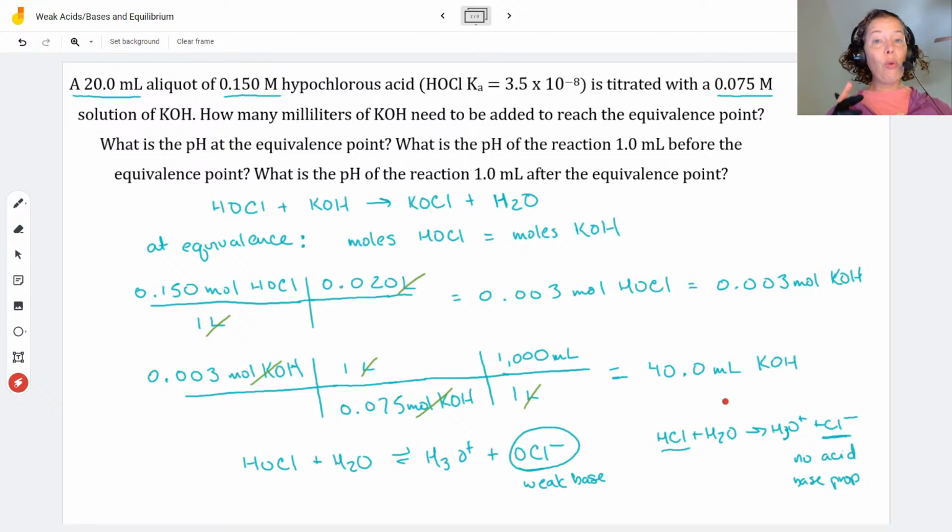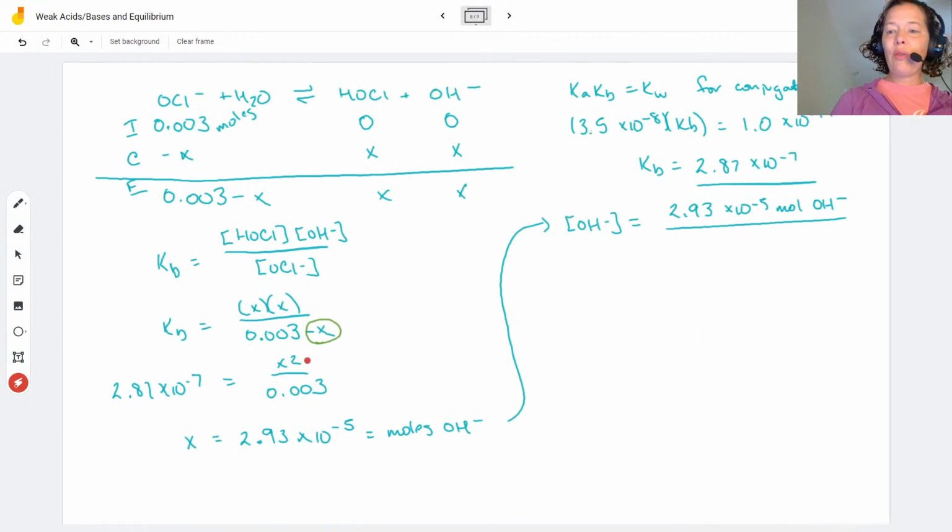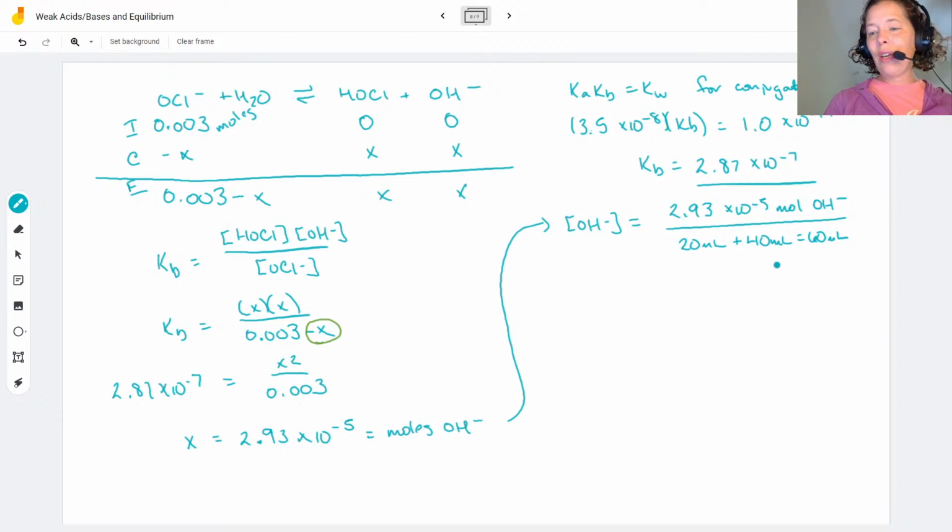So I have a total volume right now of 60 milliliters. So this is additive, and maybe what I'll do is I'll go 20 milliliters plus 40 milliliters equals 60 milliliters, which of course we need to convert to liters. Okay, so hopefully that is clear. I kind of smashed that in there.